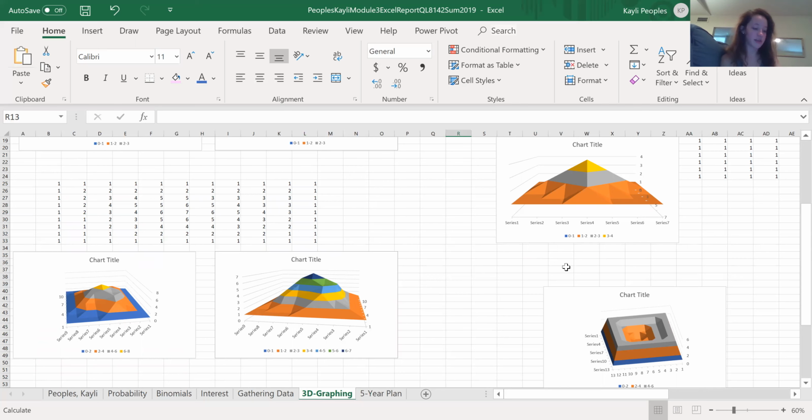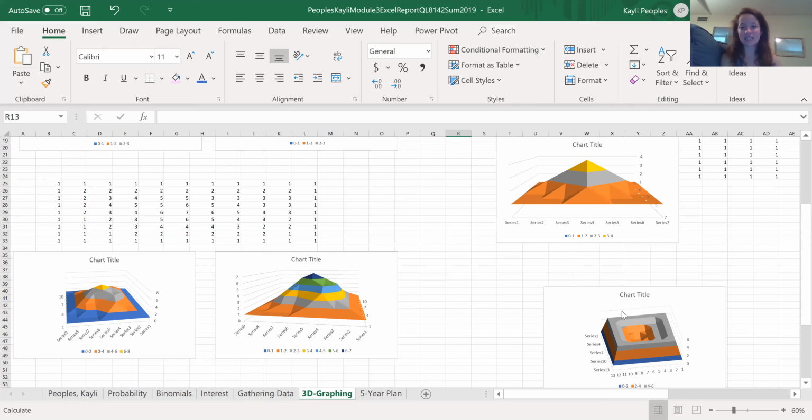I relate to this a lot because I have to create perspective drawings for school all the time. And the hardest part of that is always finding the perfect angle to show the space in the most realistic perspective, because it's so easy to skew it and get things out of proportion just because the perspective is off.